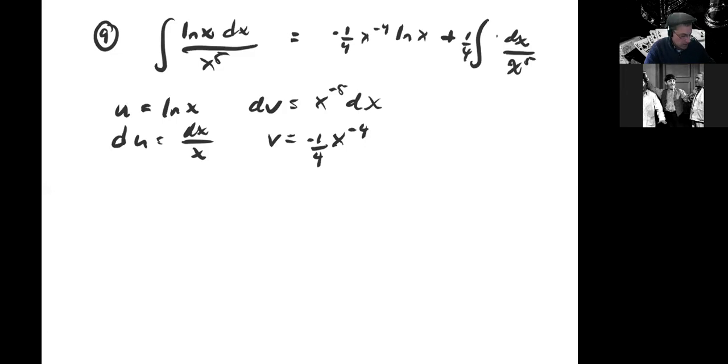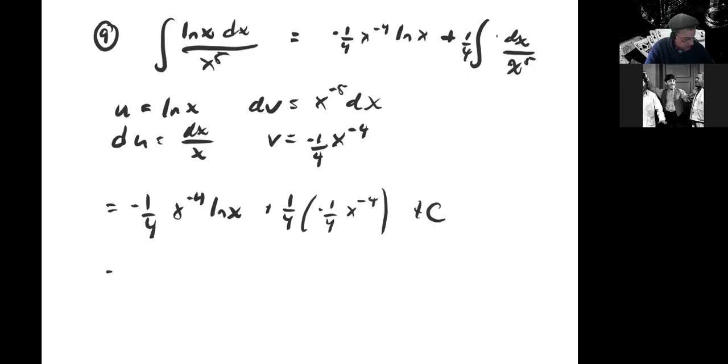Okay, and then this becomes minus a quarter x to the minus 4th ln of x, plus a quarter times the antiderivative of x to the minus 5th, which we just did as minus a quarter x to the minus 4th, plus c, and then we should simplify this as minus a quarter x to the minus 4 ln of x, minus a 16th x to the minus 4th, plus c.